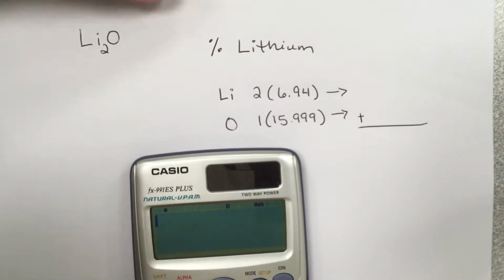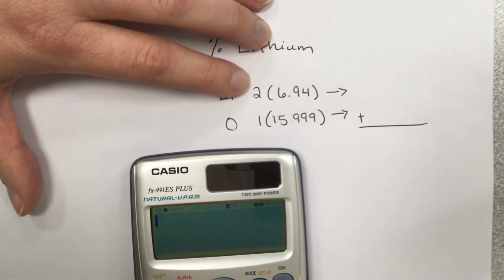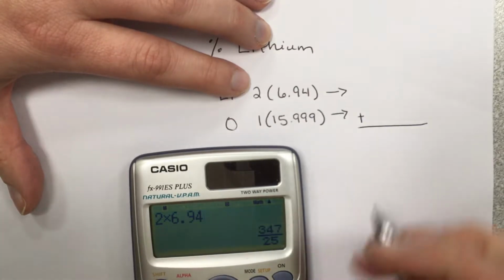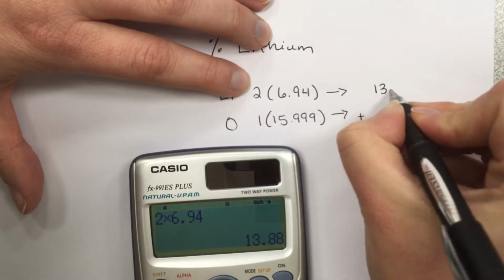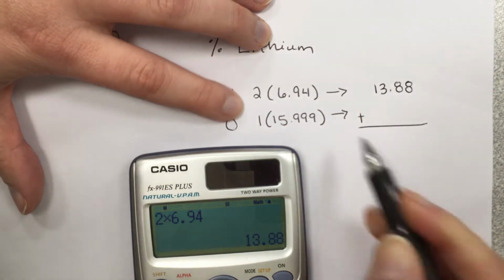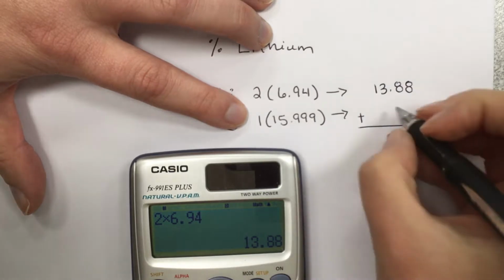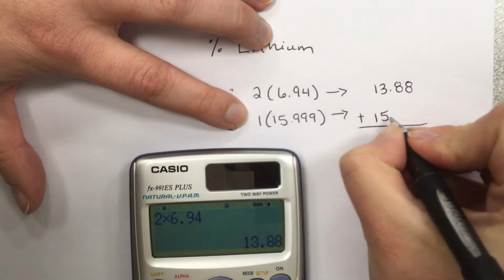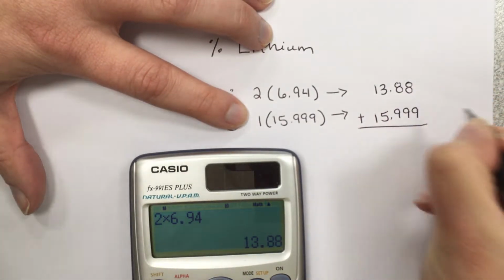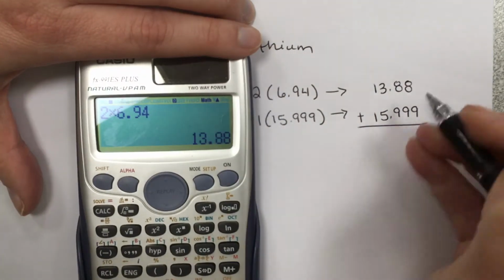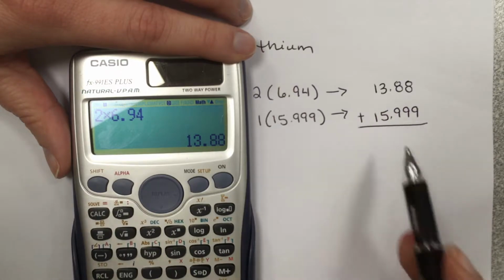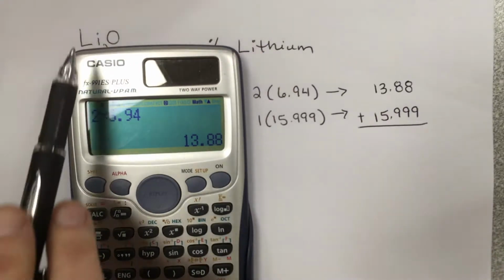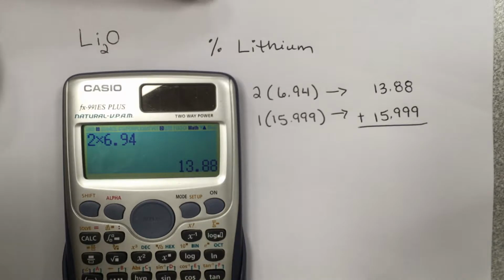First we turn our little computer on. 2 times 6.94, 13.88. So 13.88. Then we don't really have to calculate that. Even I can do this without messing it up. Okay, so lithium will weigh this much, and then oxygen weighs this much, and we're going to add it, and we'll know how much lithium oxide weighs.